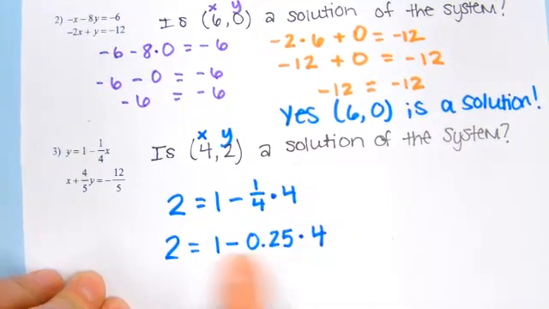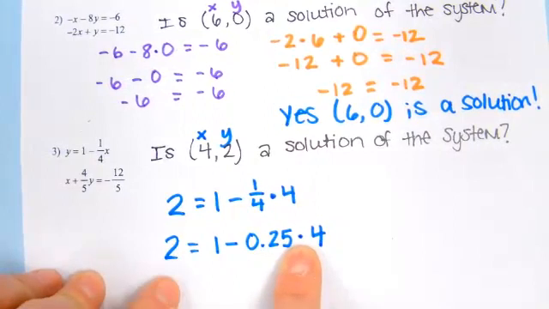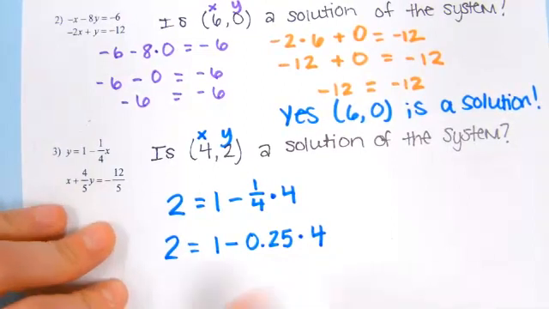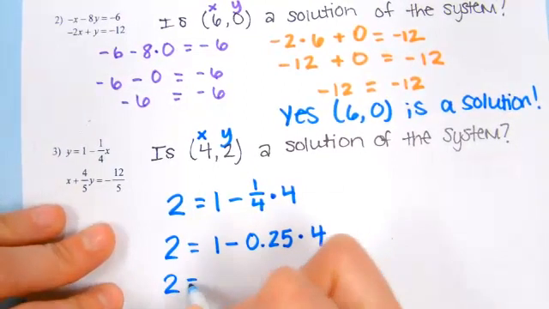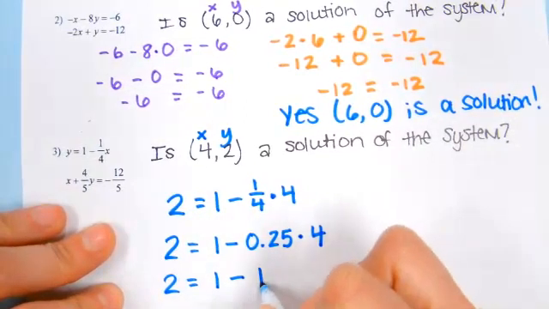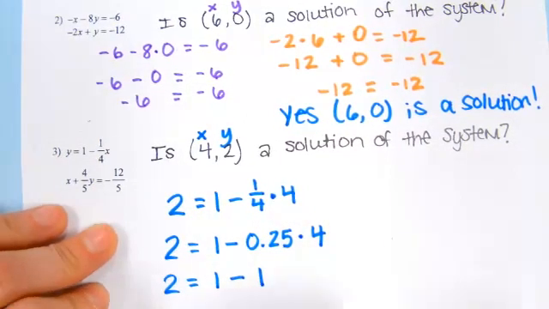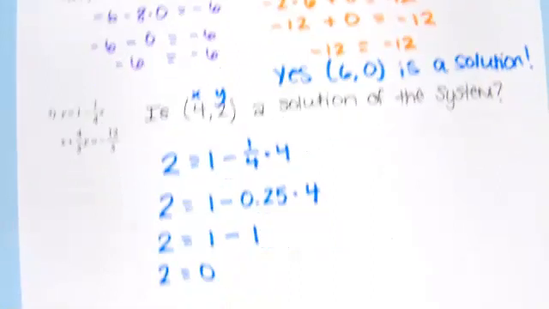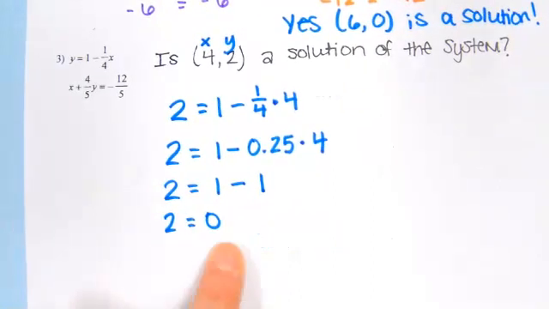Now do I minus or do I multiply? I multiply next. So 0.25 times 4 is going to give me 1. So I'm going to write that again. 1 minus 0.25 times 4 is 1. All right, now I can finally subtract. So 2 equals 1 minus 1, 0. And already that does not match, okay?